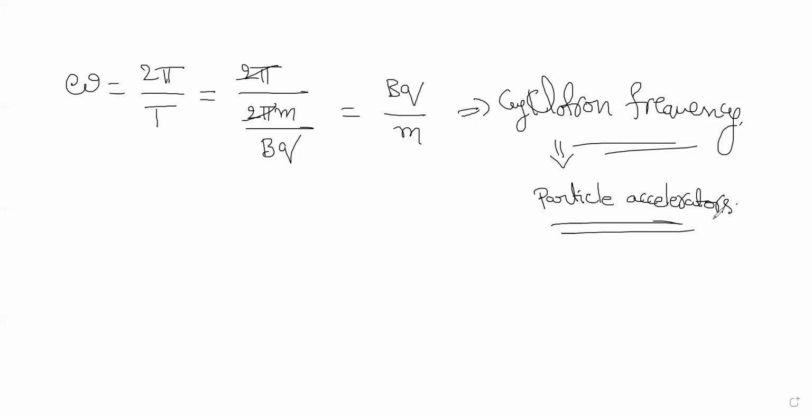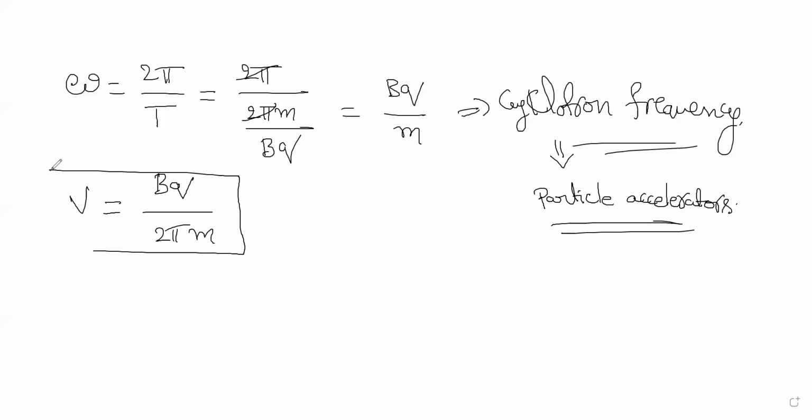We can accelerate the charged particle, so that is used for several experiments. Of course, the velocity of the charged particle is given by BQ divided by 2 pi m. So this is how the velocity expression can be, and omega is called the cyclotron frequency.